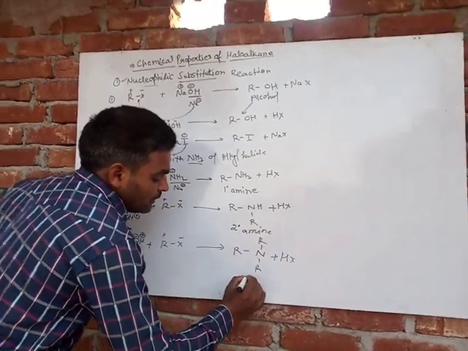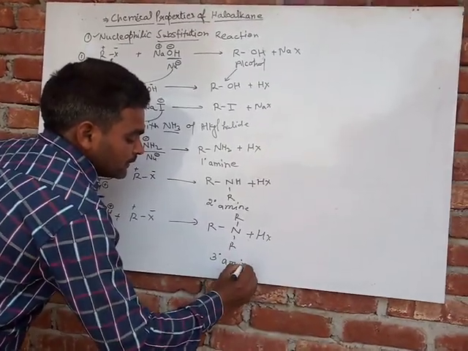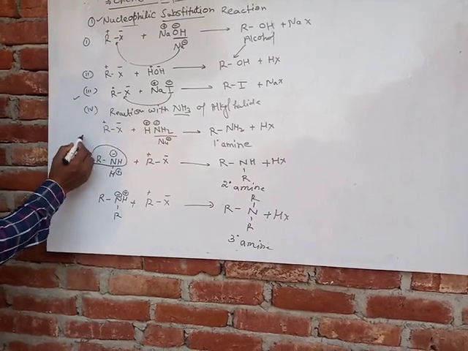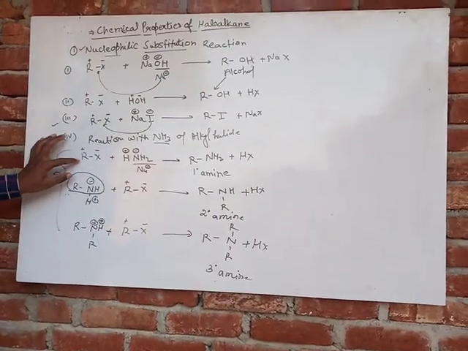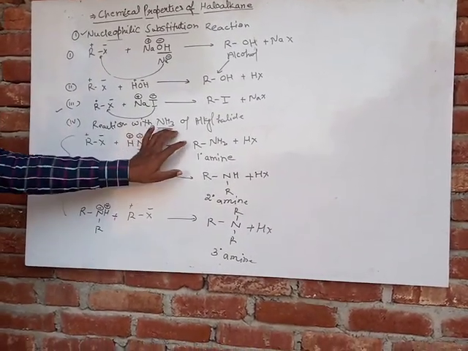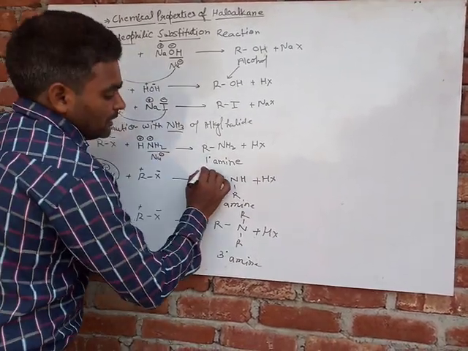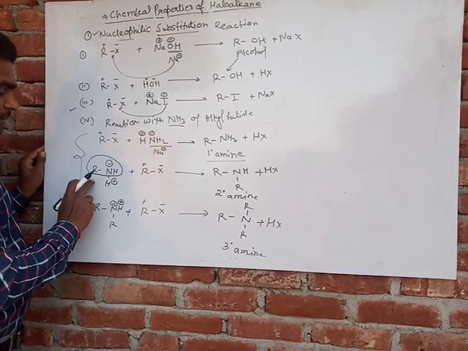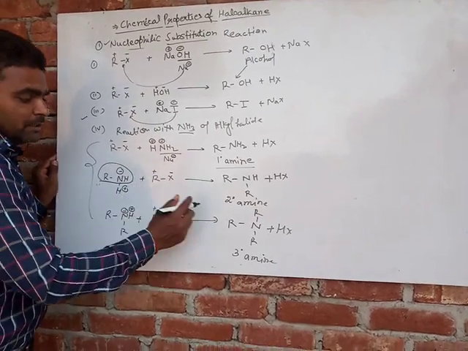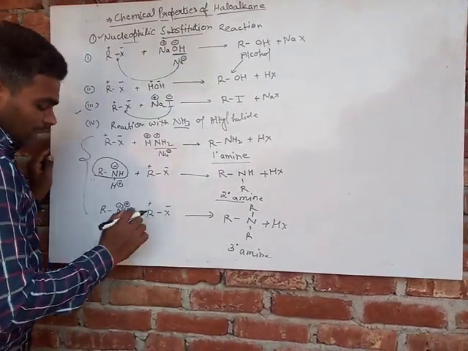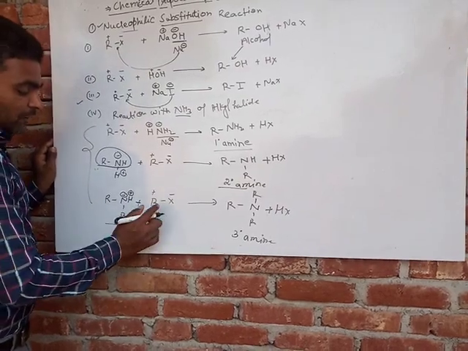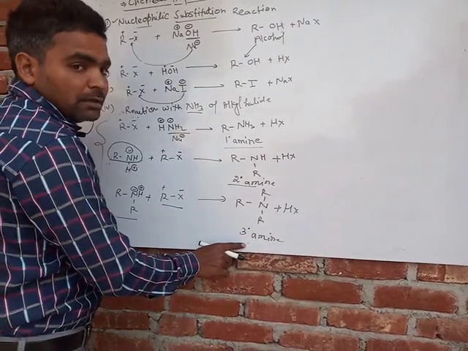This is called tertiary amine. So we can see that when the alkyl halide reacts with ammonia in three steps, it forms first the primary amine, and when the primary amine reacts with alkyl halide, it forms the secondary amine, and when the secondary amine reacts with alkyl halide, it forms the tertiary amine.